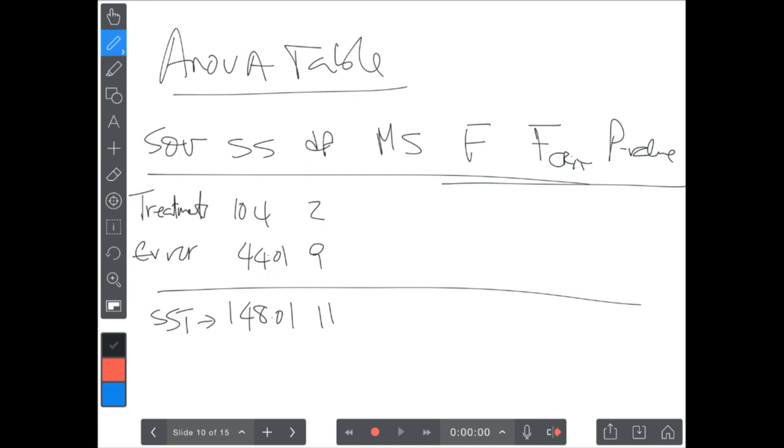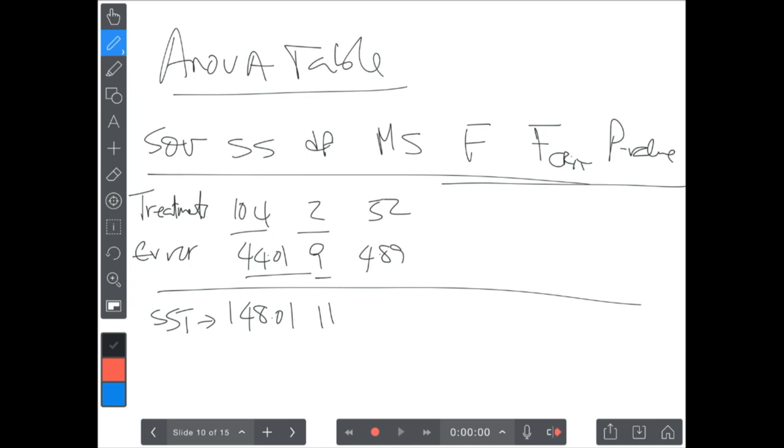Now to get the MS value, remember the mean square is the sum of squares divided by the degrees of freedom. So 104 divided by 2 gives us the 52 we were looking at, and 44.01 divided by 9 gave us the 4.89, I believe it was.